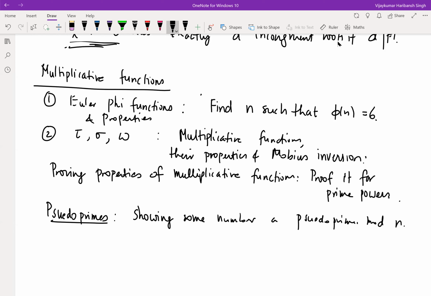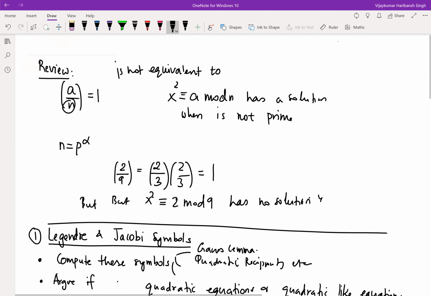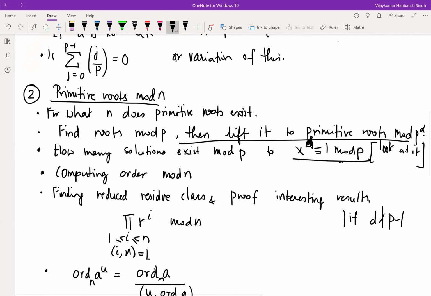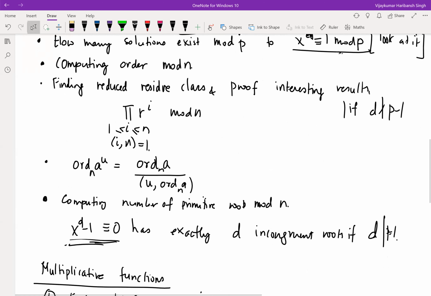All right, so another issue is, we talked about quadratic residues and primitive roots. So there is showing that certain things are primitive roots.